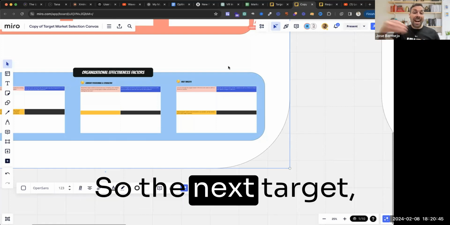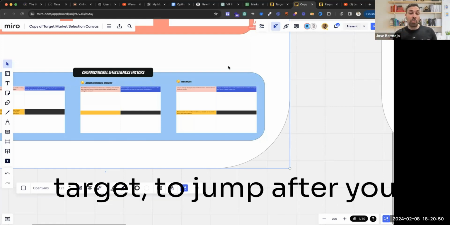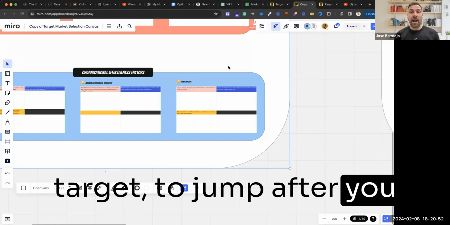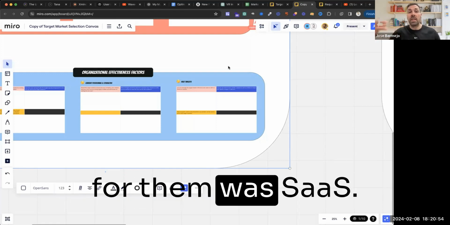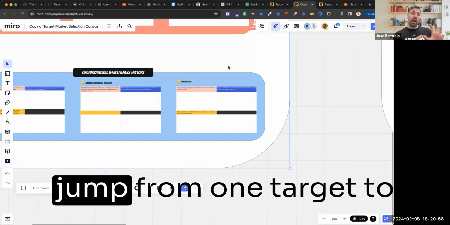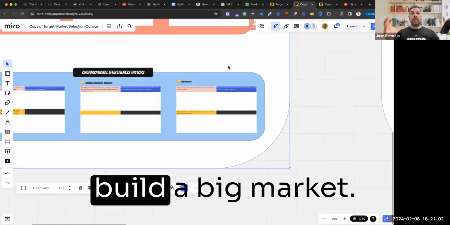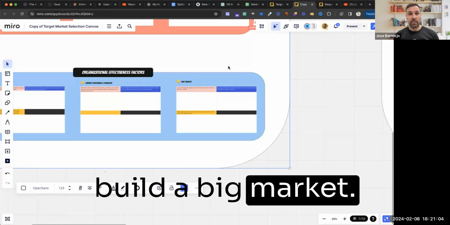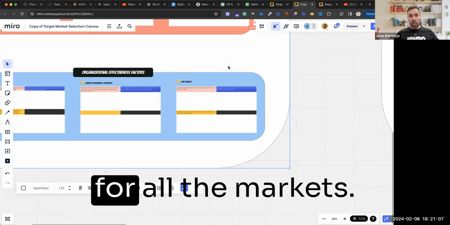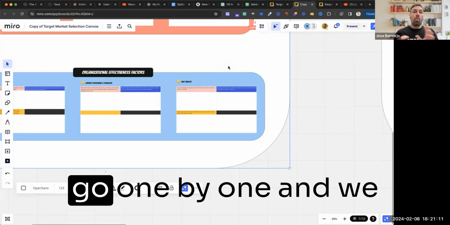So the next target, which is a follow-on target to jump to after you tackle e-commerce, for them was SaaS, software as a service. So they jumped, and you jump from one target to another, one at a time. And that's how you build a big market. You don't build a big market going for all the markets at one time. You go one by one.